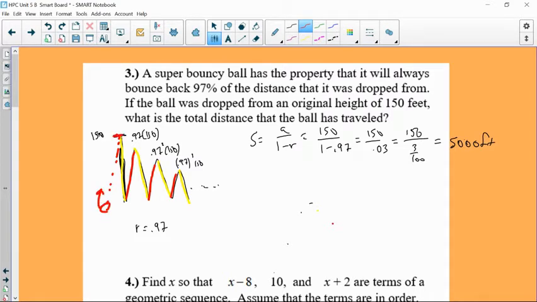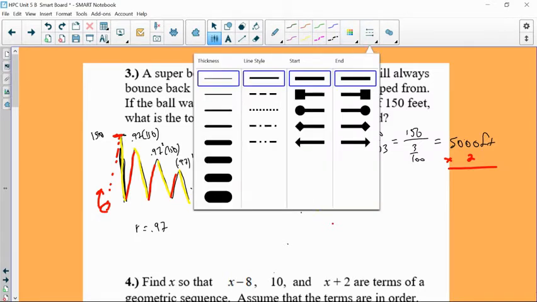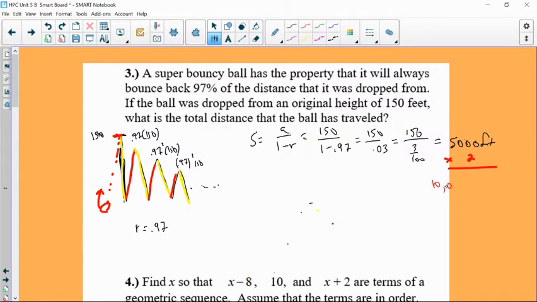It's starting from 150. So I can take that times 2 to account for all the upward motions or the downward motions, depending on which one you counted. But then I have to remember that the first one doesn't get doubled. So we take away 150. So that would be 9,850 feet total.